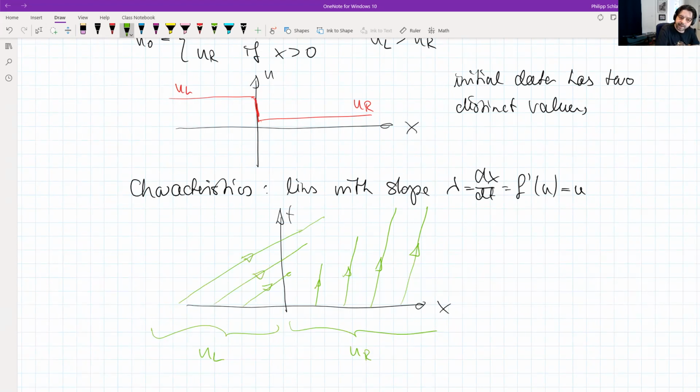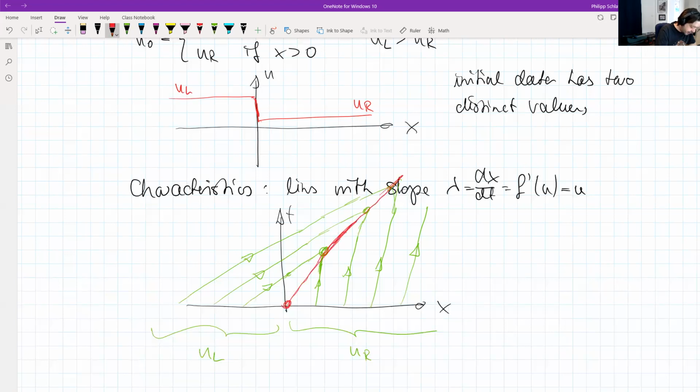Now we see that there is an issue, and you can already see it. If I continue, for instance, this line and this line, at some point these two collide with each other, and that's where we have a shock. And of course, that's not the only ones that collide. Maybe this one collides here, and then these collide here. If we combine all of these colliding characteristics, what we get is a line here.